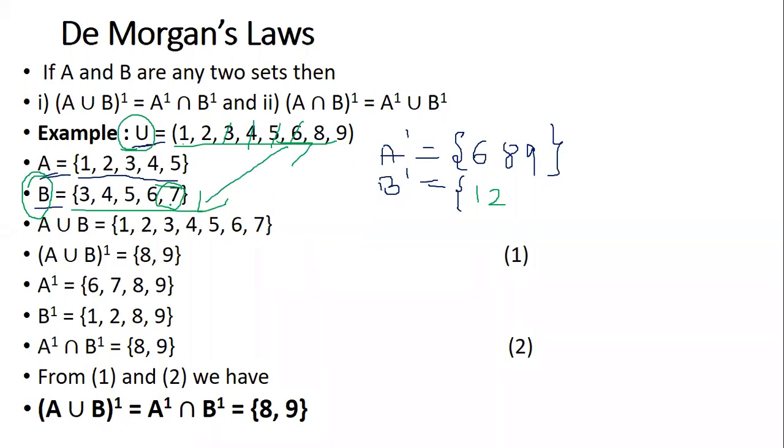So 7 is present in B; you cannot take that. So 1, 2, 8, 9 are the only 4 elements that you are supposed to take. Do not consider the element which is in B. Remove that and only consider whatever is not common. Clear? Did you all understand?